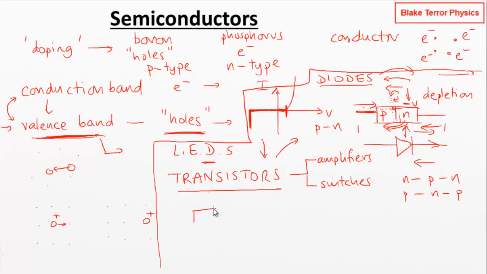You'd have your N, then you'll have P, then you'll have N again. So we're going to have two depletion zones here. We're going to have one there, we're going to have one there. And then we get three connectors going into this transistor. We've got the collector at one end, we've got the emitter at the other end, and then in the middle, we've got the base, which might then be connected off to some other wire or something like that.